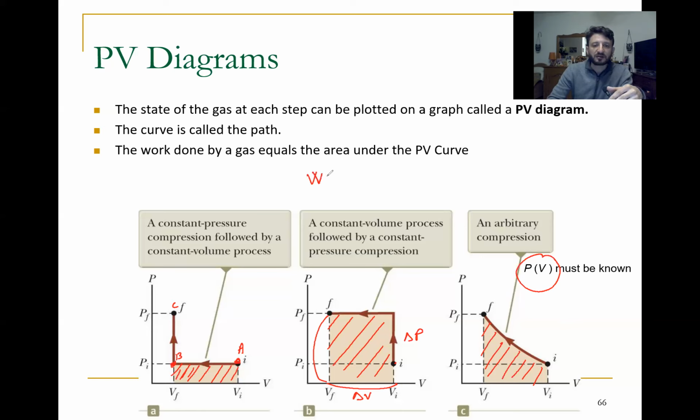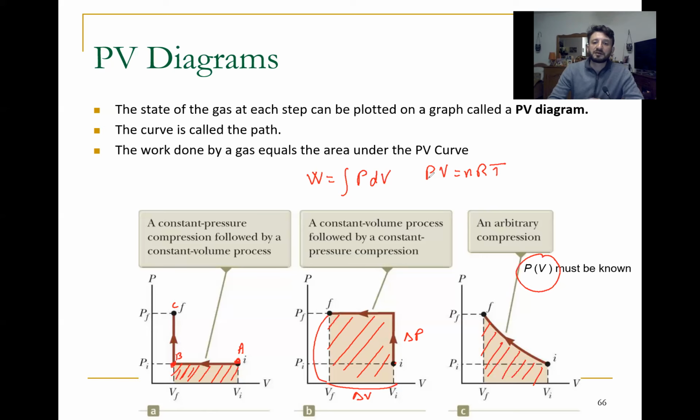Okay, you can write omega equals the integral of P dV, and you have to put the value of P as a function of V, and you can calculate the value of the integral. For example, sometimes the relation between P and V is PV equals nRT. Okay, it's an example.